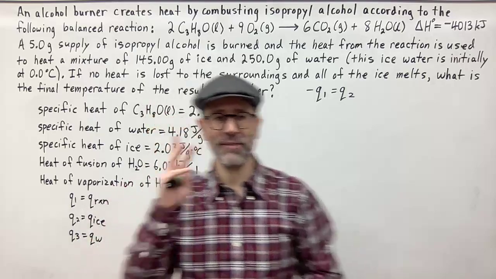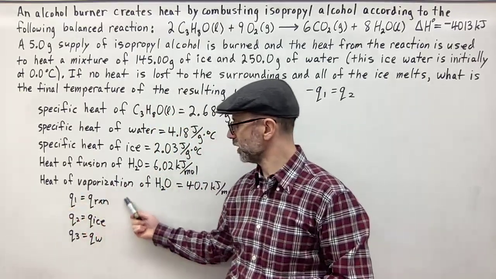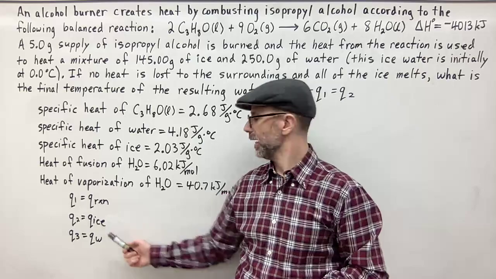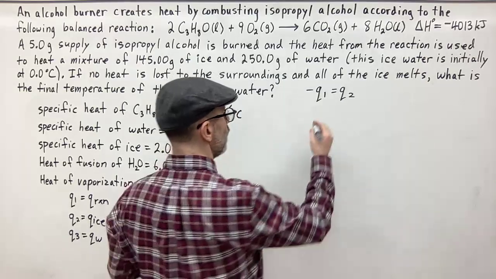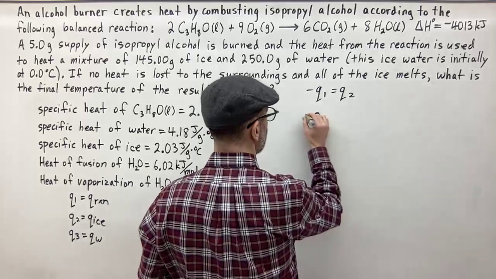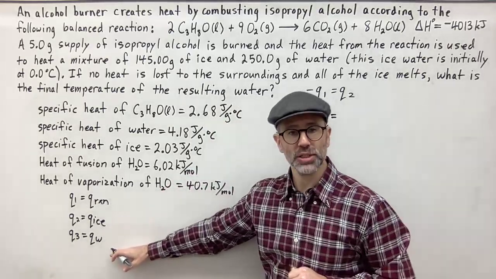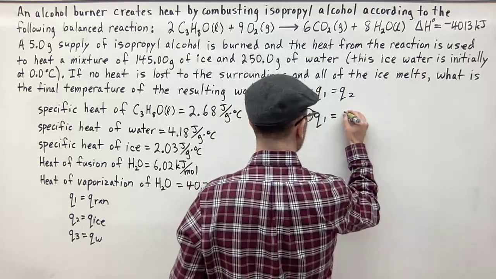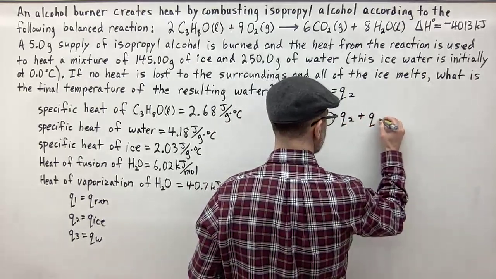Now here we have three things. One thing is releasing the heat, that's the reaction, and these two things are gaining the heat. So if we're going to make the loss of heat negative, then here we'd have Q1 is negative, and in this case, it's going to be equal to Q2 plus Q3.